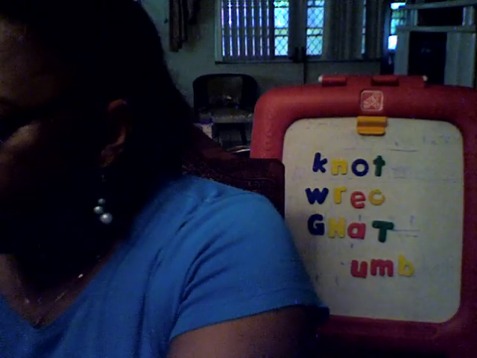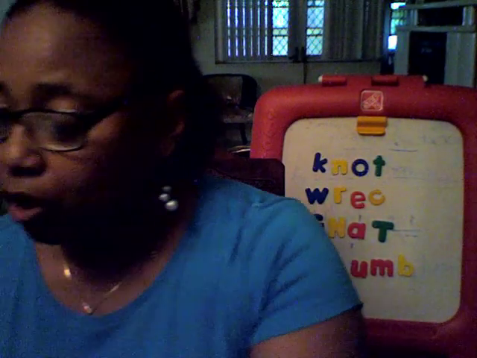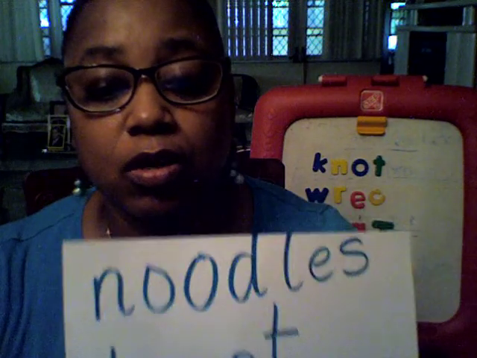All right. Now let's introduce our digraphs. These are the digraphs we're going to be learning today. KN, WR, GN, and MB. Those are our digraphs. Now, I want you to think of the word noodles.